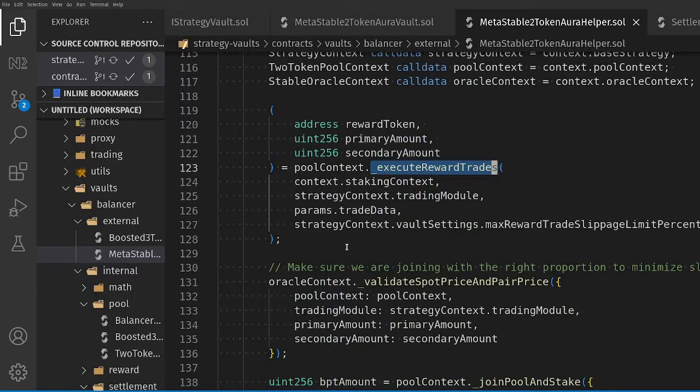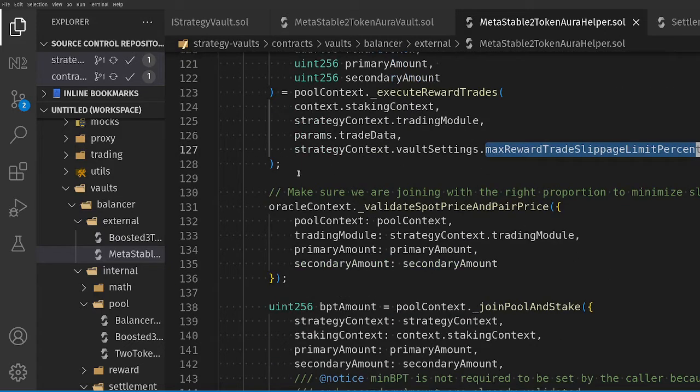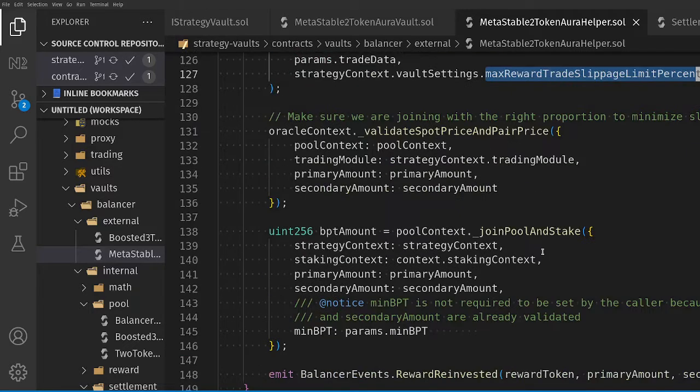When we execute the reward trades, there will be a max reward slippage limit applied to the tokens that we're selling. That'll be set by governance, and that'll limit the slippage that we can sell these tokens for.